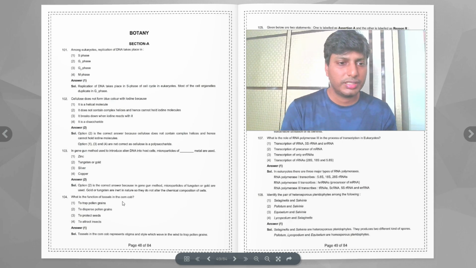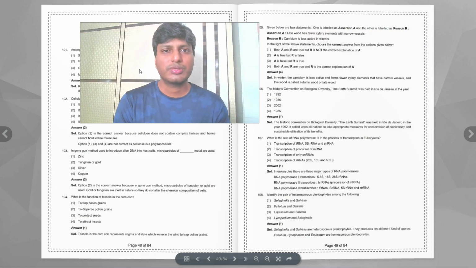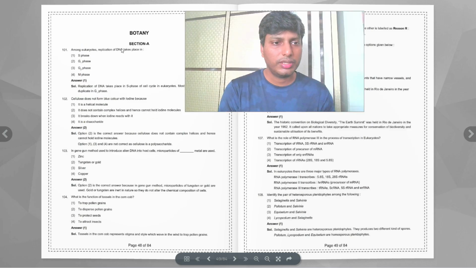So the answer is to trap the pollen grains. As you can see, all these questions are straight from NCERT. If you are preparing for the NEET biology exam, you just have to focus on your NCERT textbook, because we have solved the first four questions, and all four are exactly line to line from NCERT.